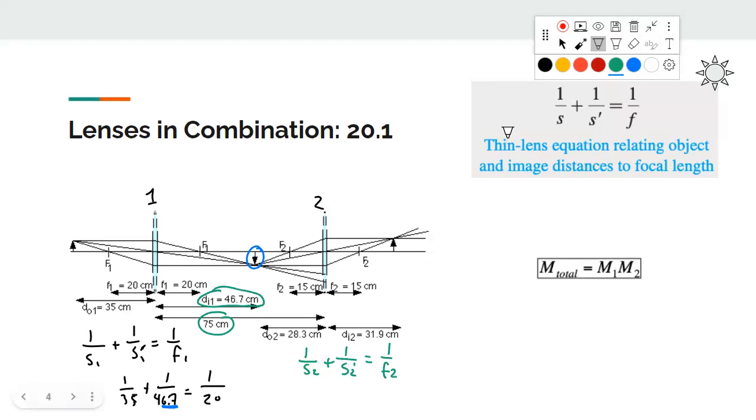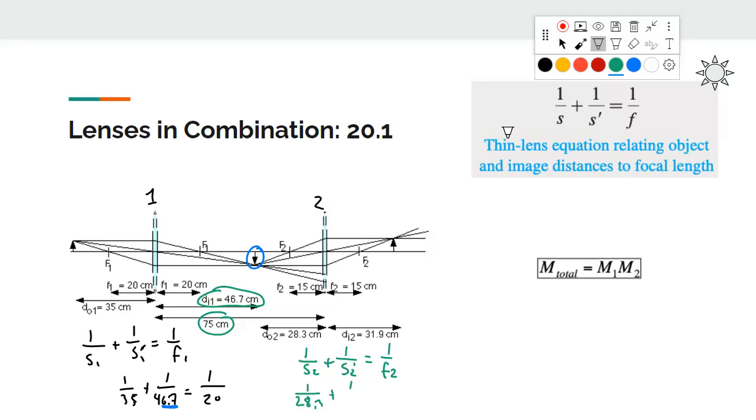So then we just subtract those, and we get 75 minus 46.7, we get 28.3. So that's our object length for the second lens, and it's to the left of the lens, so that's a positive object length. We don't have to worry about the minus sign here.